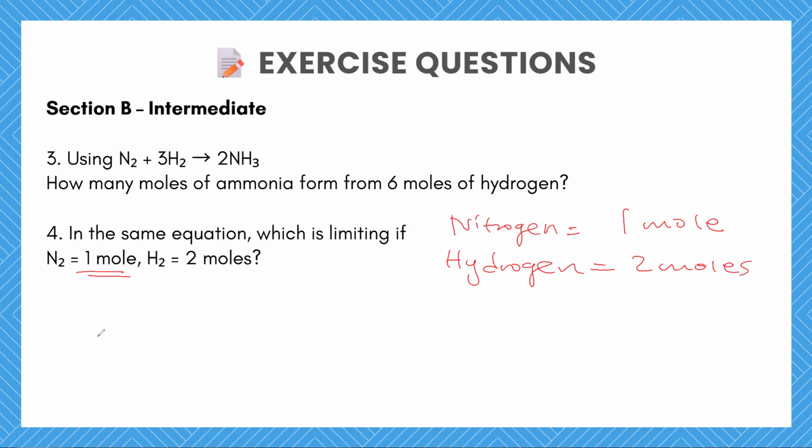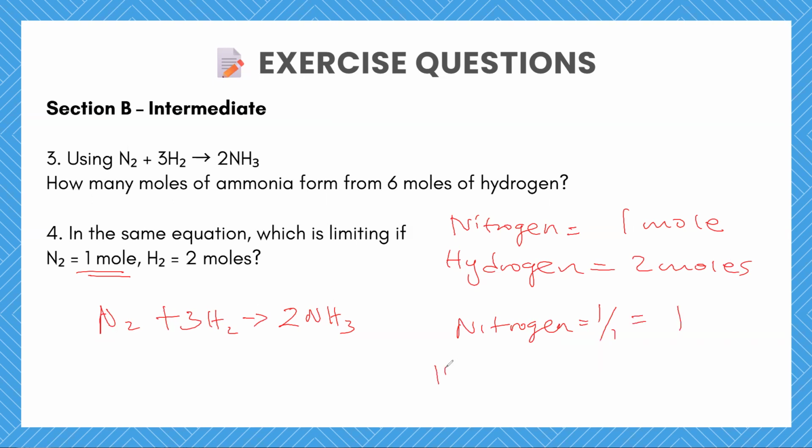Now, from the equation, you can see nitrogen, N2 plus 3H2 giving us 2NH3. The coefficient of nitrogen over here is 1. So for nitrogen, it becomes 1 over 1, which is 1.